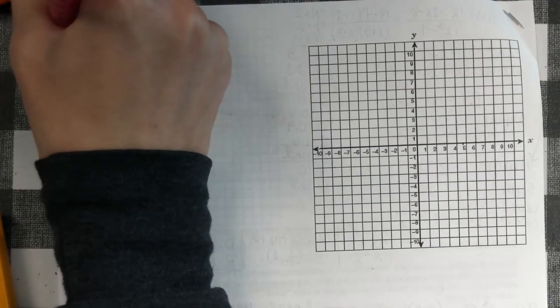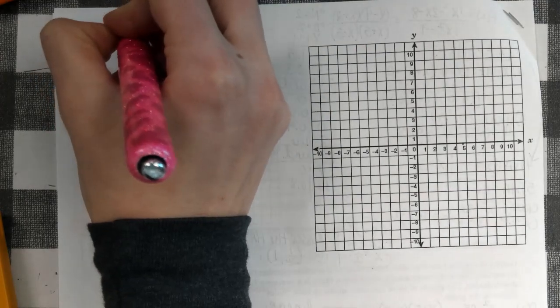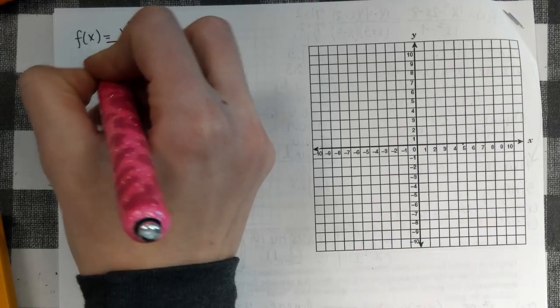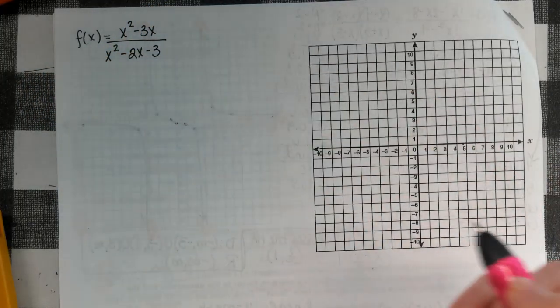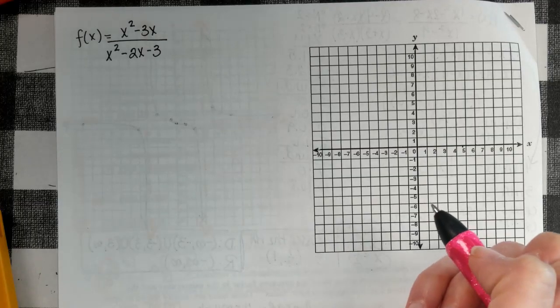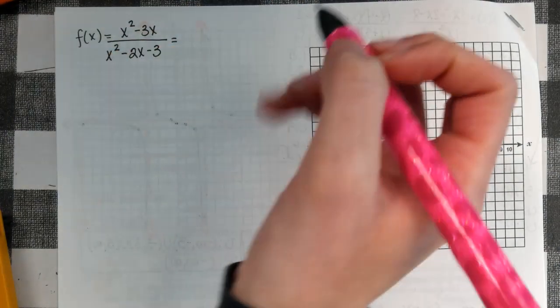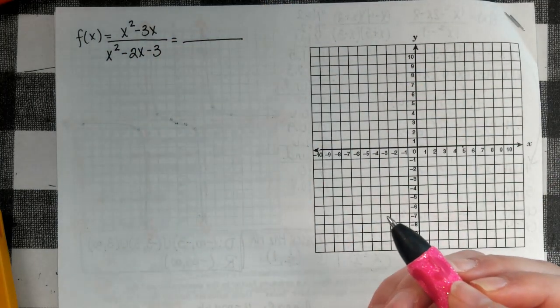Okay, so we've got f of x equals x squared minus 3x over x squared minus 2x minus 3. So I can factor the numerator. What can I do with that?